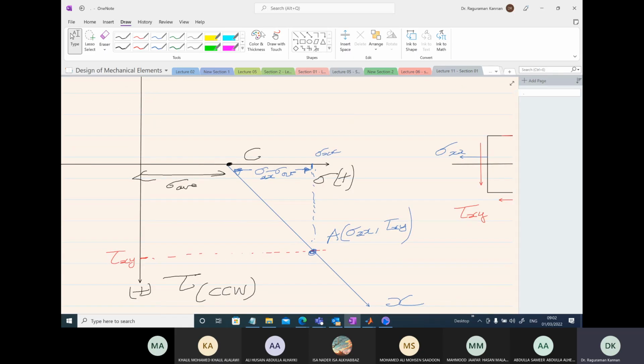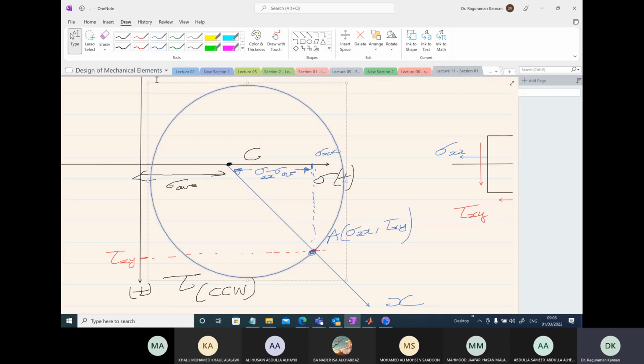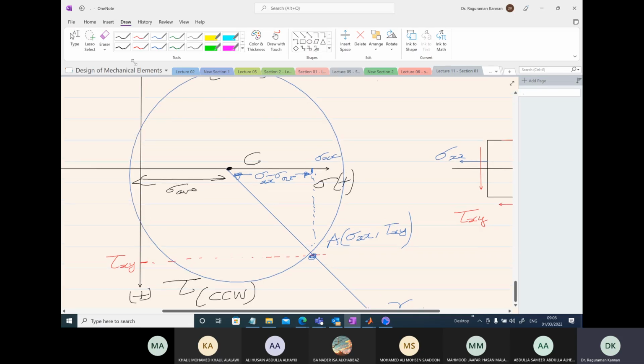Now you can draw the circle. With C as the center and this radius, let's draw the circle. Let's see here. I will try to pass through this point. So we are not able to do that. Let's move the circle such that it passes through the point. Still, this does not look like the center.